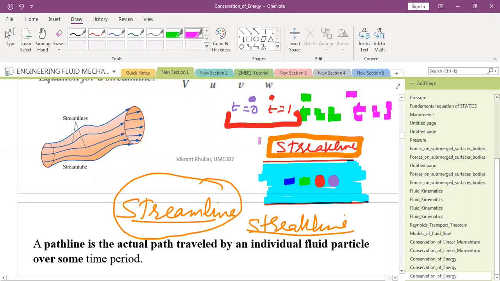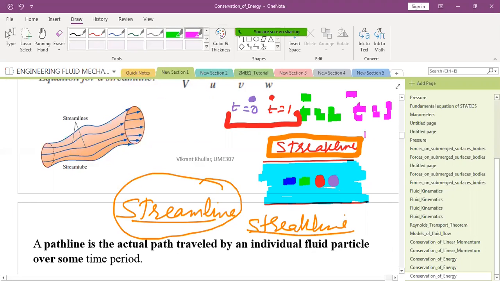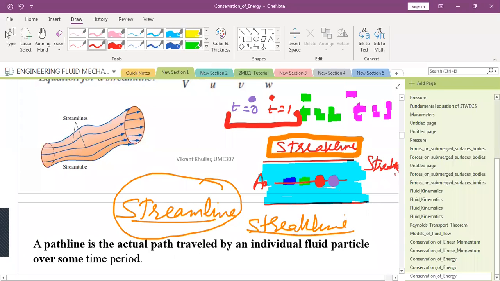The injection point was simply at this location, A, but if I join all these points, the locus of wherever the blue travels, wherever the green travels, wherever the red travels, wherever the purple travels, this line is called the streak line. Are you clear?